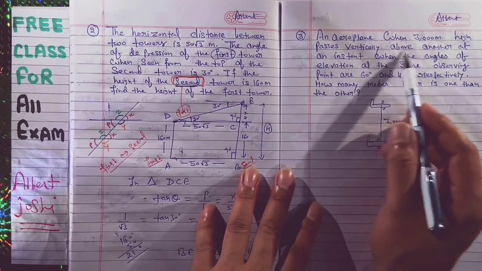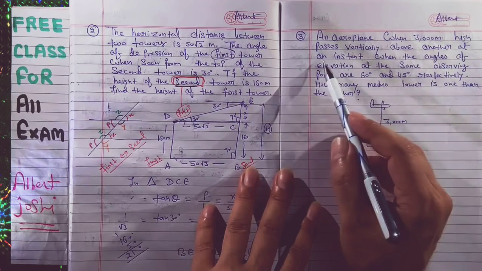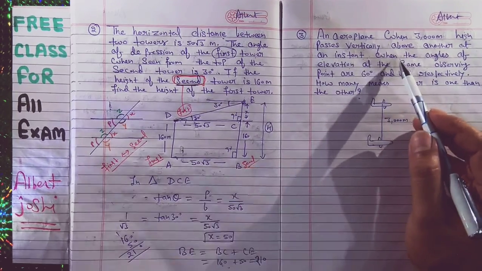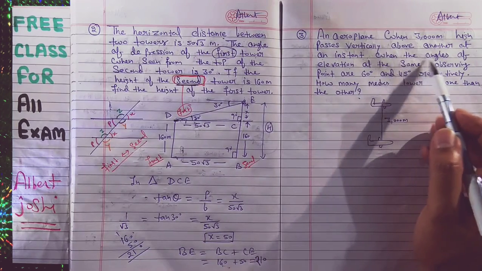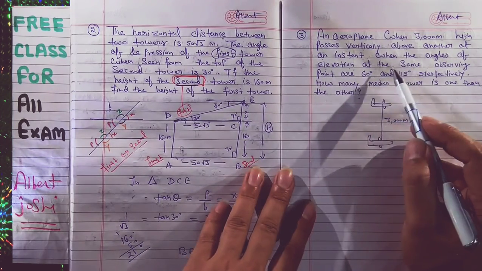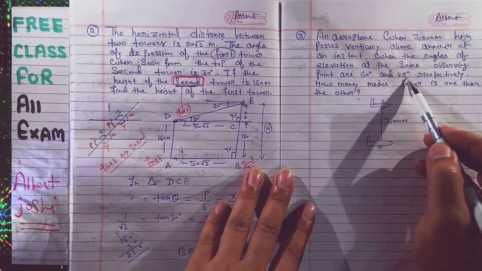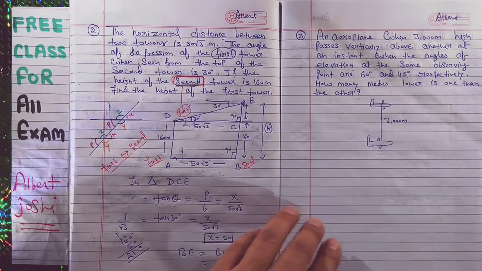Vertically above another at an instant when the angle of elevation at the same observing point are 60 degree and 45 degree respectively.